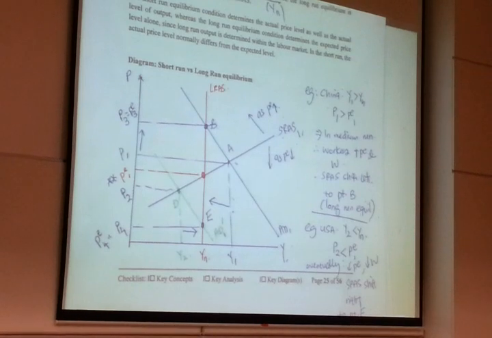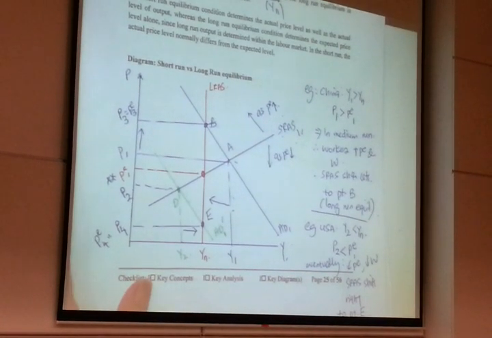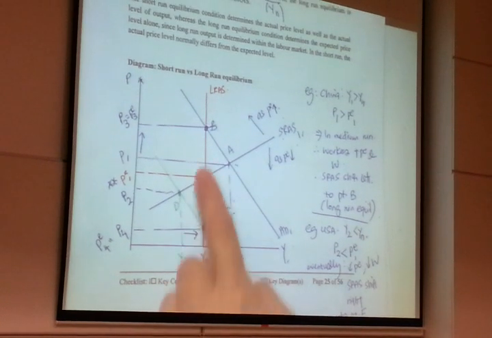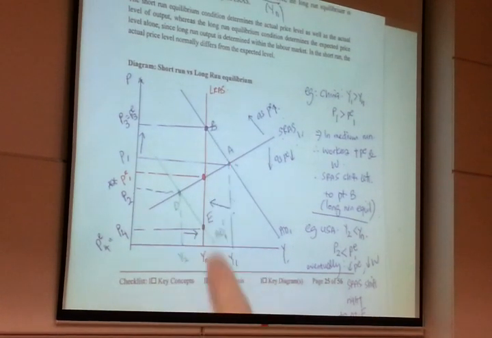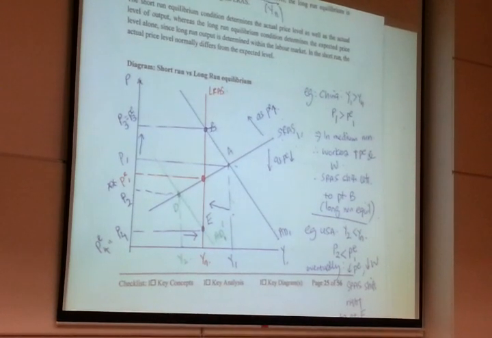And of course, the emphasis is you don't need government at all. So economy will automatically move into long run, be it point B for China, point E for US, purely because of flexible wages and prices.